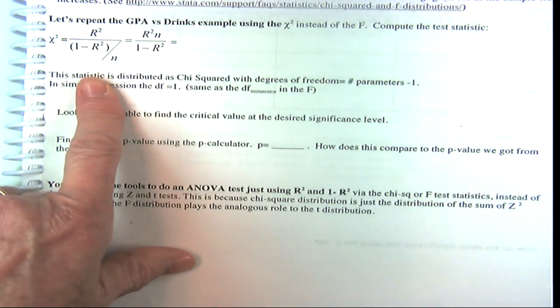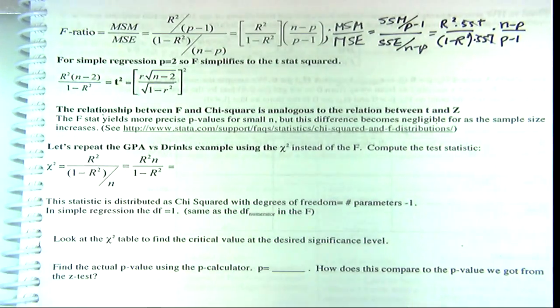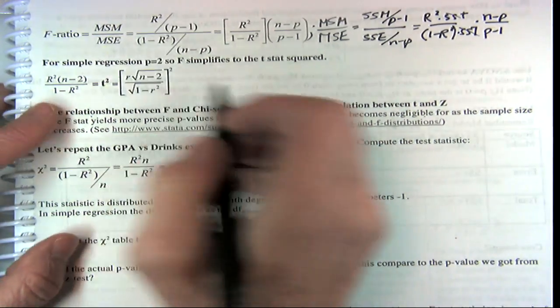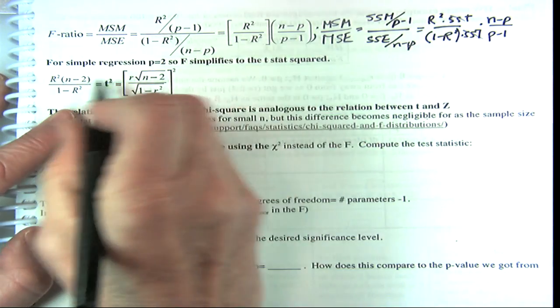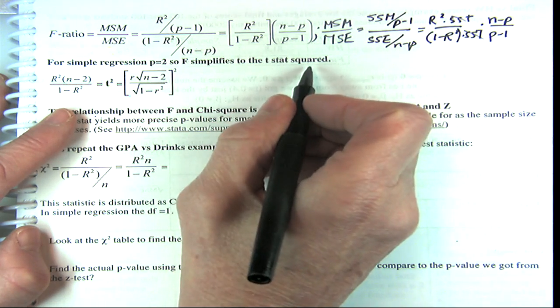So let's just do the same thing. So the relationship between, first of all, are there any questions? I know this is a lot to process right now, but we're going to be doing it a whole lot, and it will come together. So in other words, what I'm saying here is that for simple regression, F simplifies to the t-stat squared.